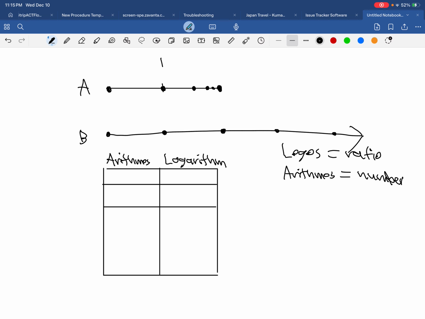Over here, let's start with just particle 1: 0.5, 1, 1.5, 2.